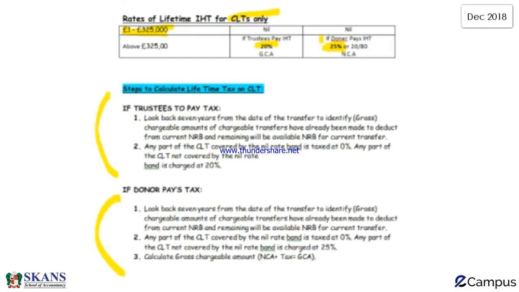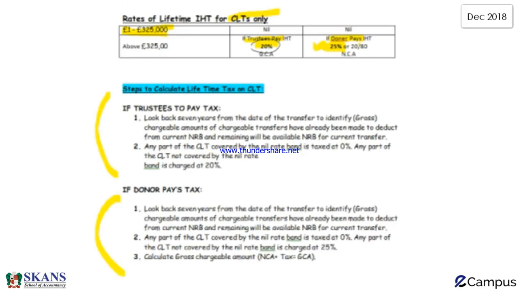Well, that would be dependent upon who is paying the lifetime tax on these CLTs. If your exam says that the lifetime tax on this CLT would be paid by the donor, the applicable rate after application of nil rate band will be 25%, but it will be 20% if the trustees are to pay the tax.